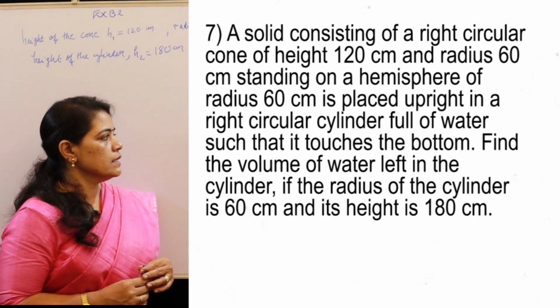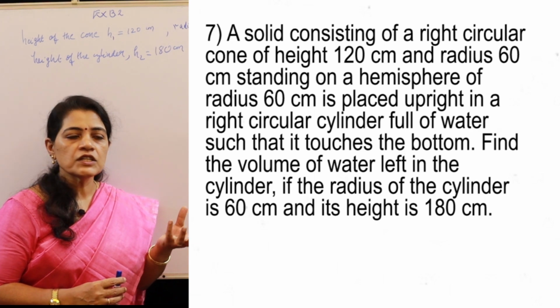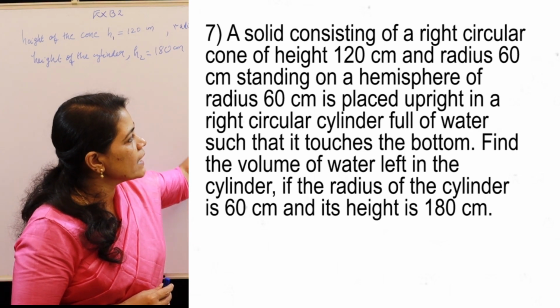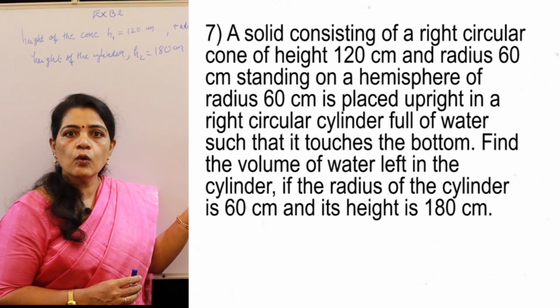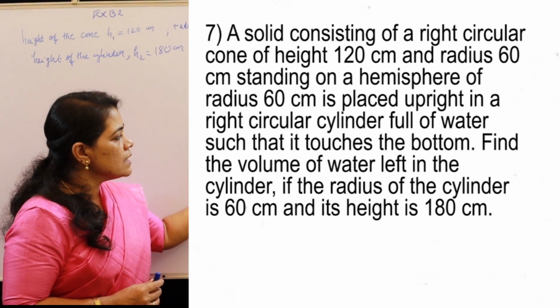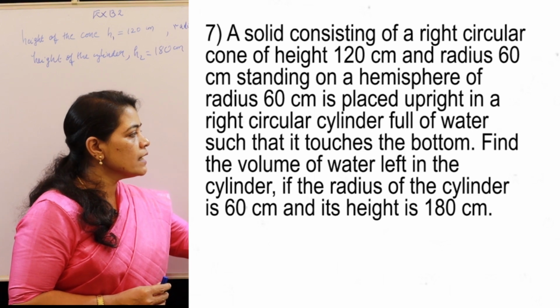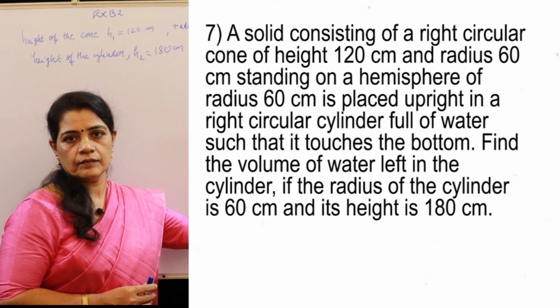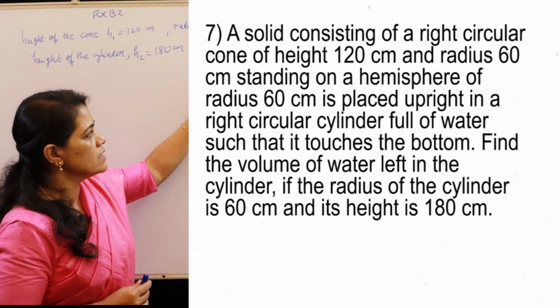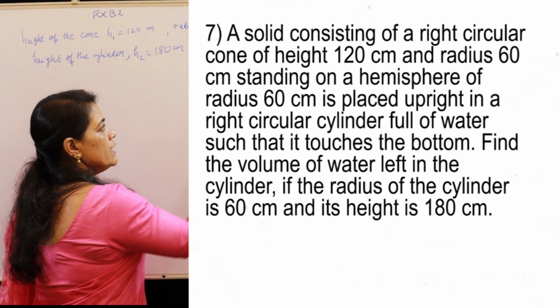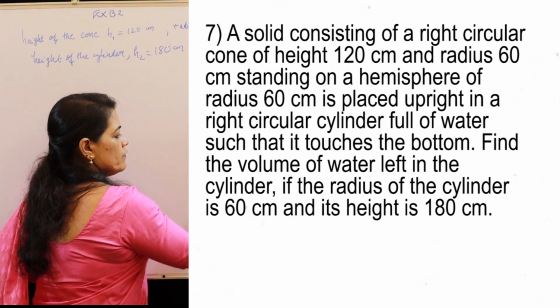Here in this question, a solid in the shape of a hemisphere with a right circular cone mounted on the hemisphere is placed upright in a right circular cylinder of height 180 centimeter. This is the height of the cylindrical vessel.